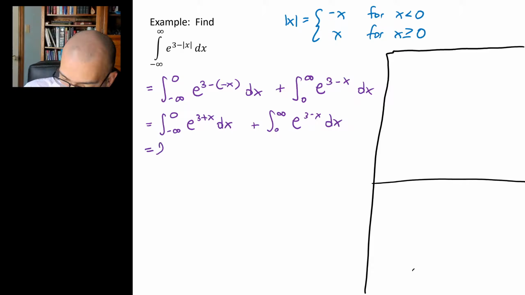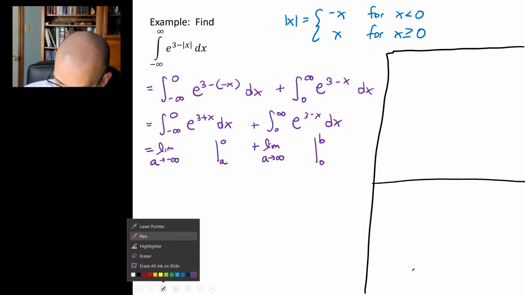The first one will have a limit as b approaches minus infinity of capital F of x evaluated from b to 0 plus limit as a approaches infinity evaluated from 0 to a.